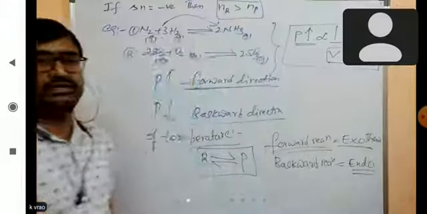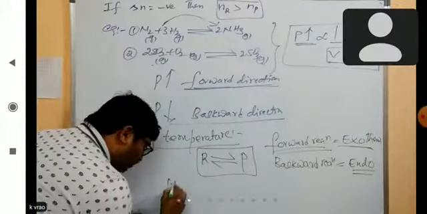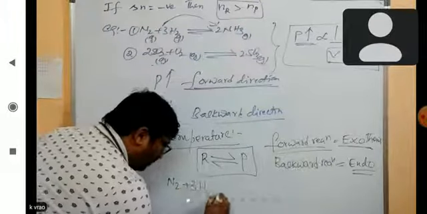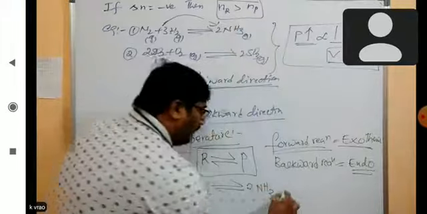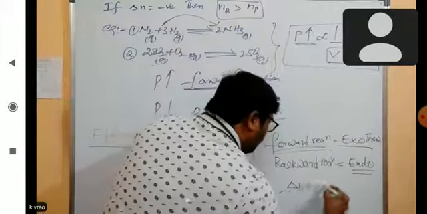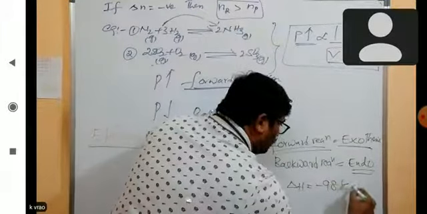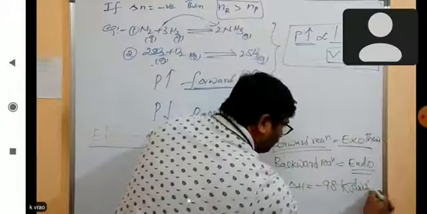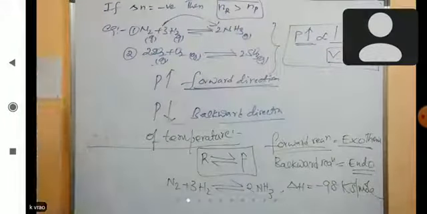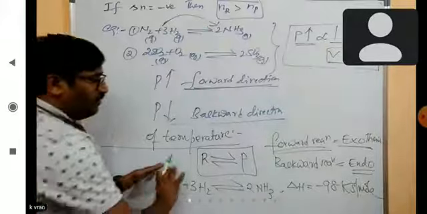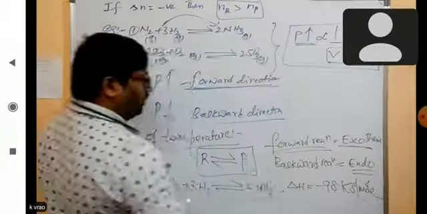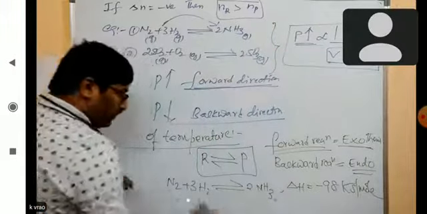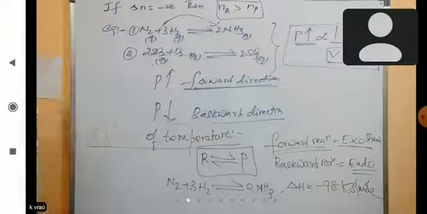Just imagine, in this case N2 plus 3H2 gives 2NH3, and delta H is equal to minus 98 kilojoules per mole. So the forward reaction, formation of ammonia, is an exothermic reaction, and the dissociation of ammonia is an endothermic reaction.